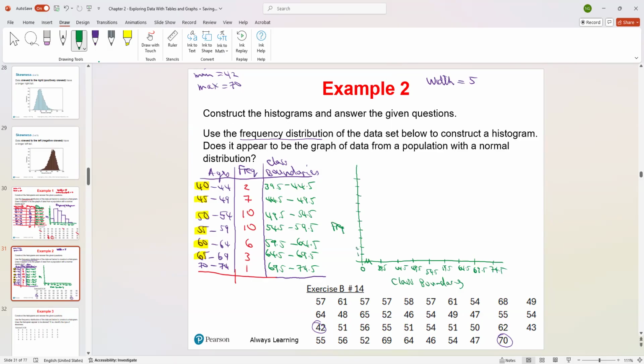All right, so this is what happened. The first class has a frequency of 2. So we go up 2 for our first bar. Second bar, we go to 7.